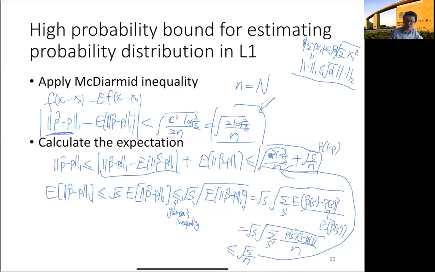But the key trick of McDiarmid's inequality is really not about bounding the concentration. Bounding the concentration is usually quite easy. As we've seen, bounding the concentration of this f of the independent randomness to its mean is usually easy by simply applying McDiarmid's inequality. The tricky issue is often how you calculate the expectation in the first place.